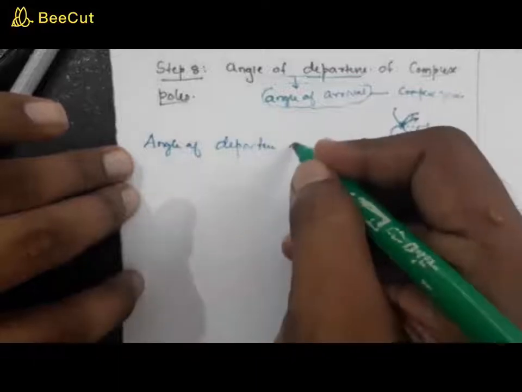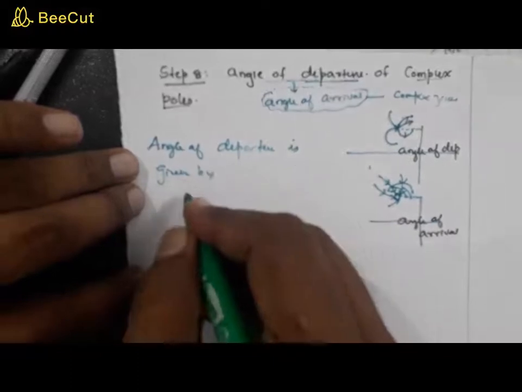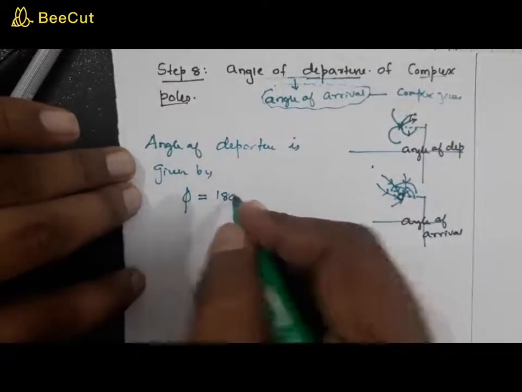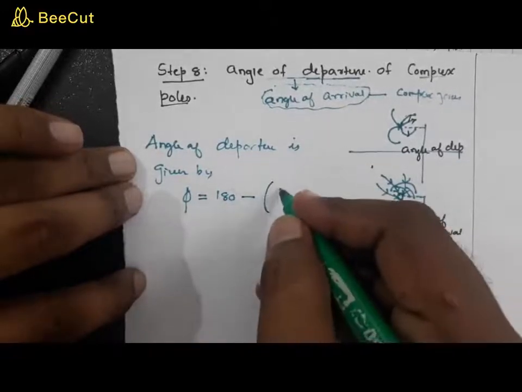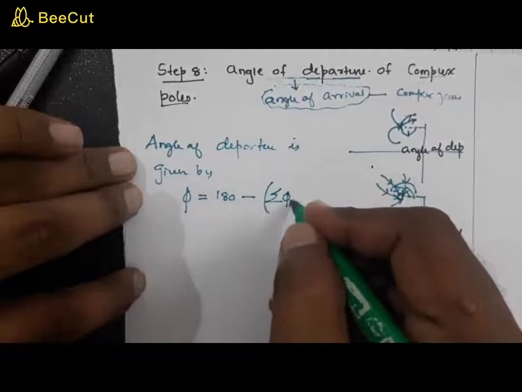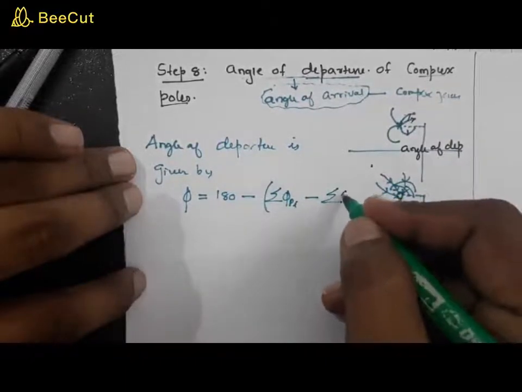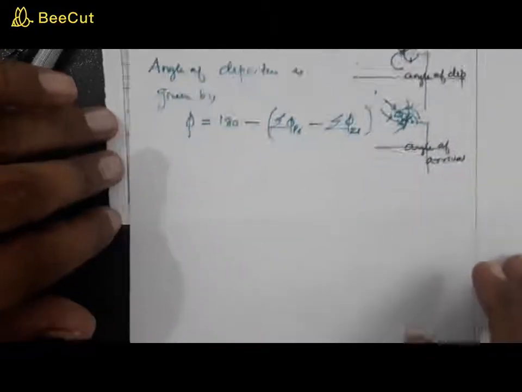Let us call it phi. Phi is given as 180 minus the sum of phi p i minus the sum of phi z i. I will explain what it is with a picture.